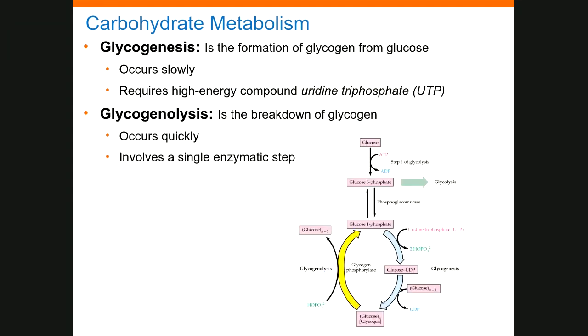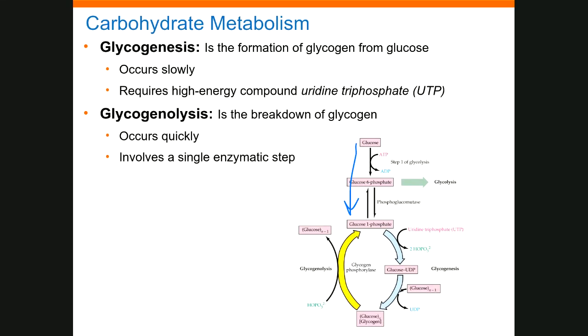Okay, now again, depending upon my hormones, depending upon the cell, depending upon the situation, if I want to take glucose and convert it into the stored form of glycogen, I would be making glucose to glycogen. So that's glycogenesis. If I'm exercising or if I'm starving myself and trying to burn some of my stored energy as glycogen that's broken back into glucose, that is known as the process of glycogenolysis.